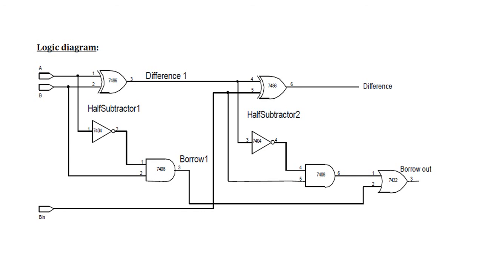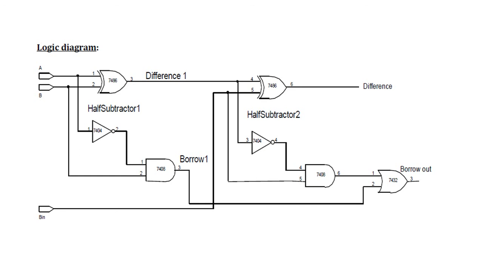The output of this point, fourth pin is connected to the 7408, and similarly for this B in is connected here. Now these two are input to the AND gate, 6th pin is output, this output of the 7408 6th pin is connected to the input of the 7432 OR gate.